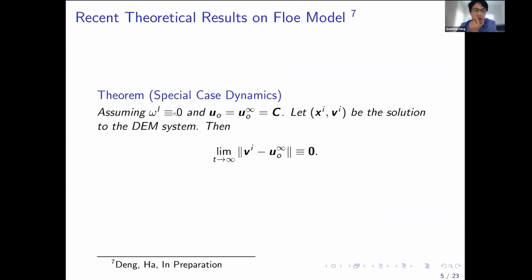When we don't have angular velocity, and we assume that the ocean current is constant, given the particle floes with some initial velocity and random location, we can show that as time goes to infinity, each particle, no matter if they have collision at the very beginning or not, and whatever initial velocity they have, will have its velocity converge to this constant. This is a very special case for the dynamics.